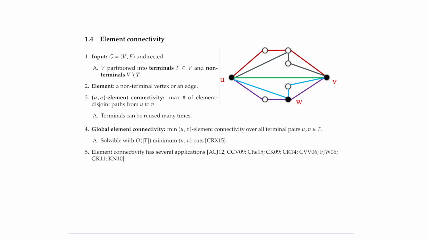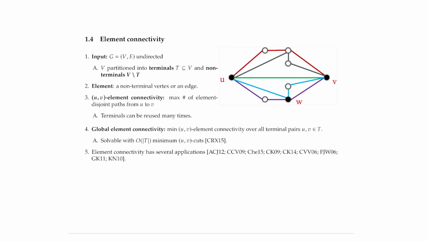Now for two terminals U and V, the element connectivity is defined as the maximum number of element disjoint paths from U to V. But terminals you're allowed to reuse many times, as in this picture where W is used twice. The global element connectivity is the minimum pairwise element connectivity over all terminal pairs in your terminal set.